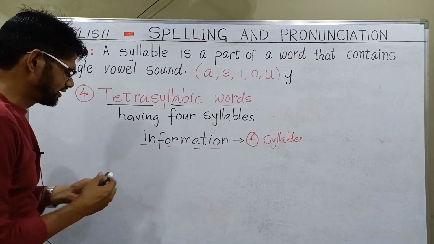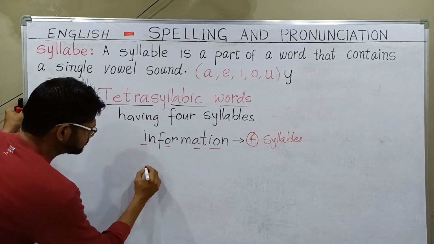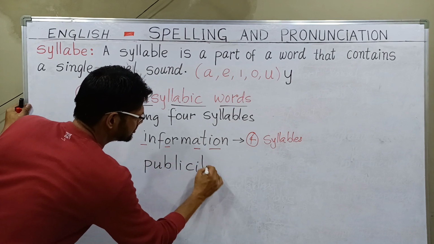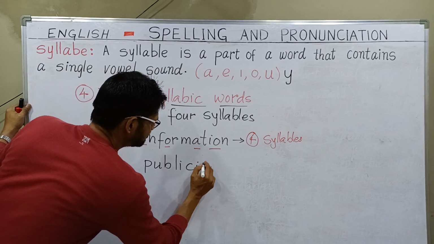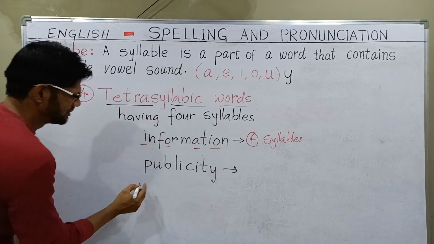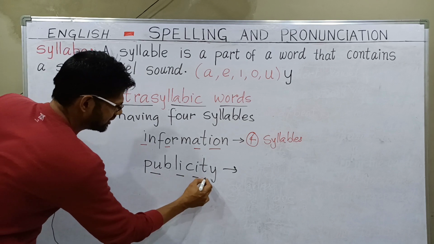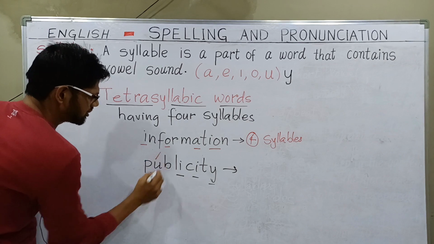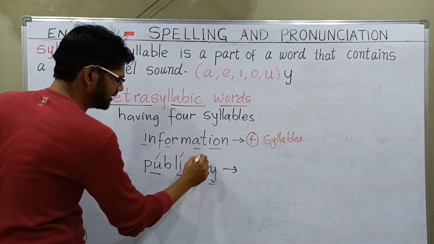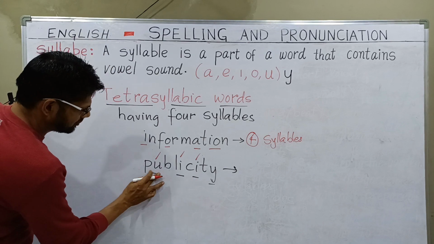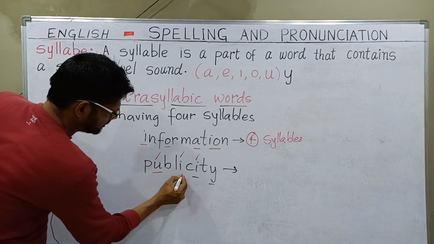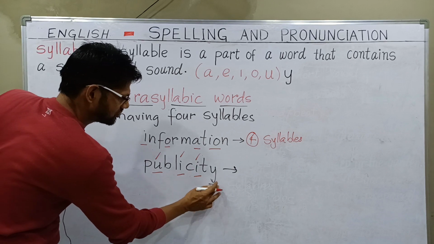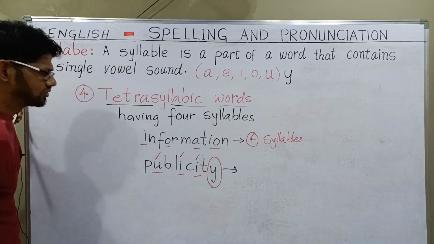For example, if I write the word publicity, so you can check. Here, very important information. U is producing 1, I is another, and another I. Pub, here we have U; li, another vowel; ci, another vowel; ty.